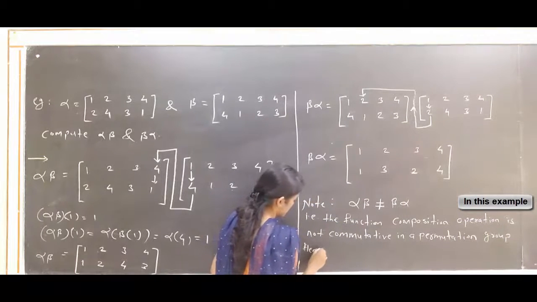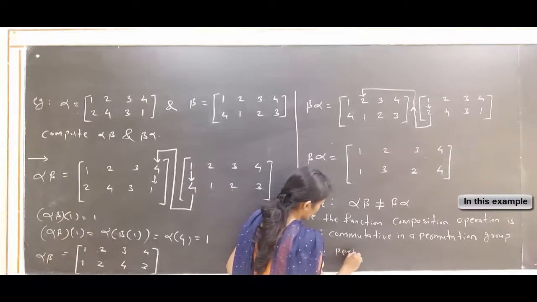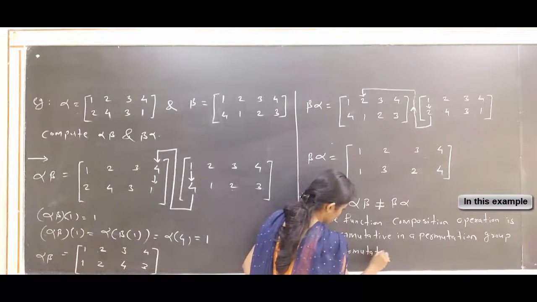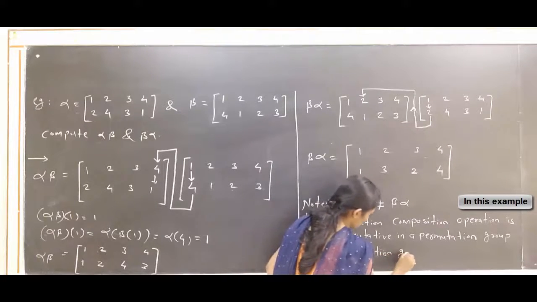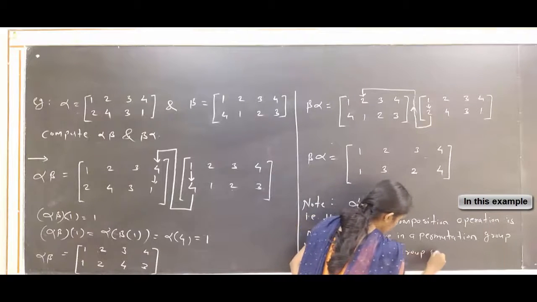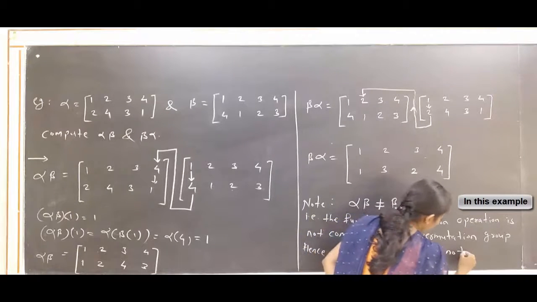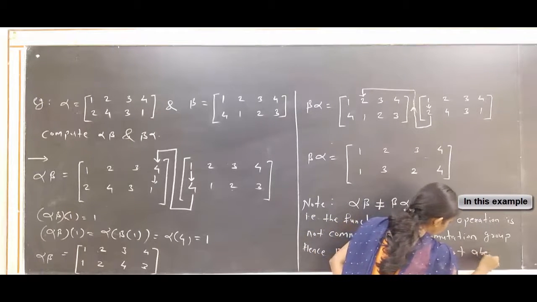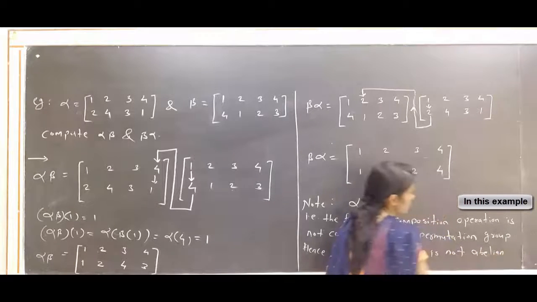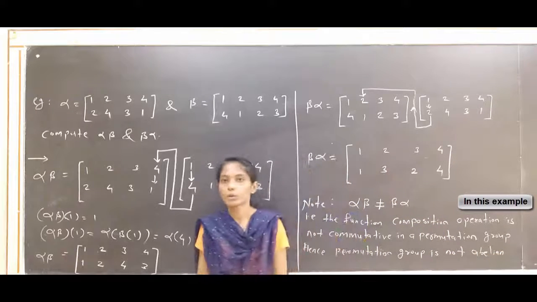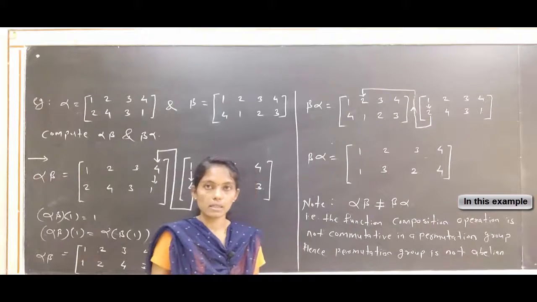Hence the permutation group is not abelian. Okay, all of you get this?